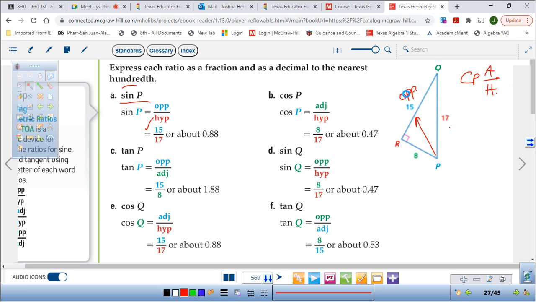What's the one adjacent to it? Right here. So it's going to be 8 over your hypotenuse, 17. So do you see this ratio stands for these numbers here when you do sine of P. When you use cosine of P, it does adjacent over hypotenuse.